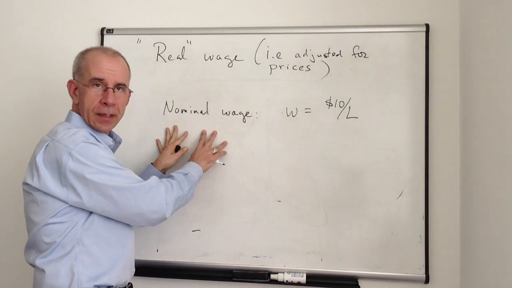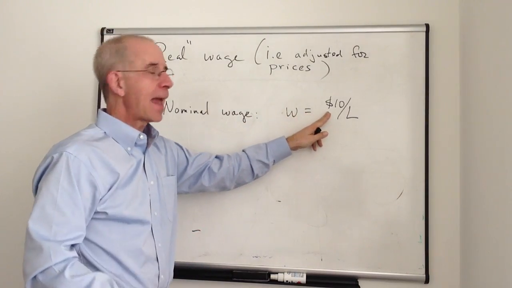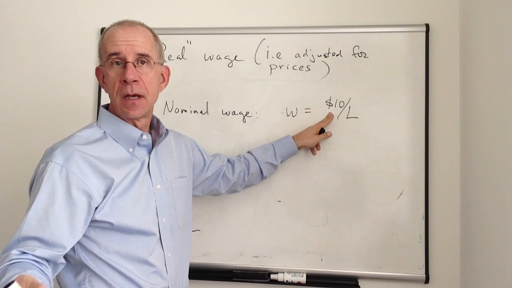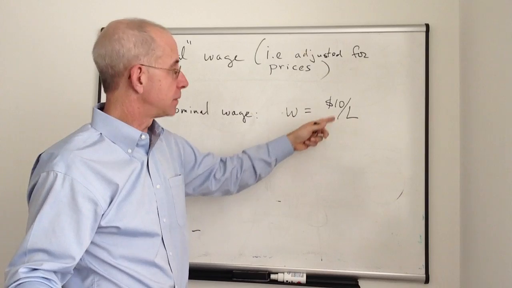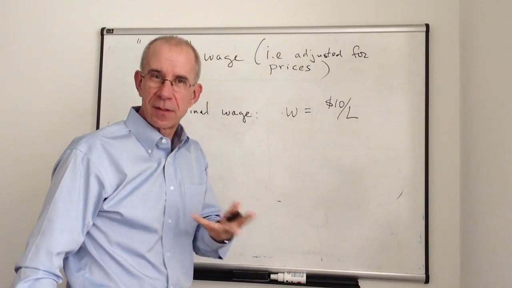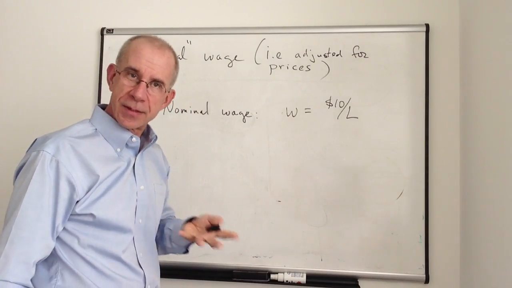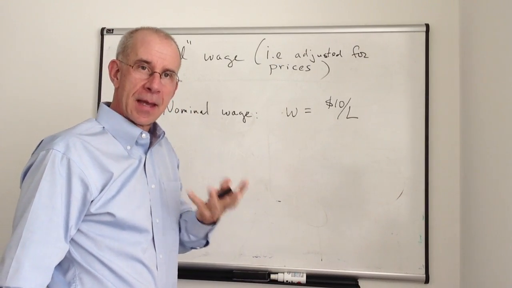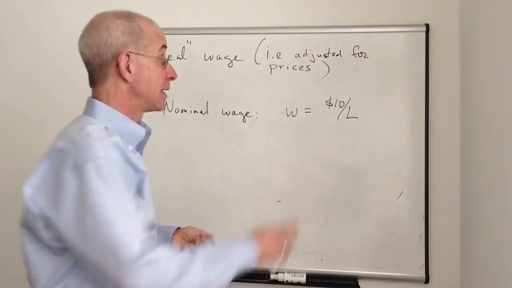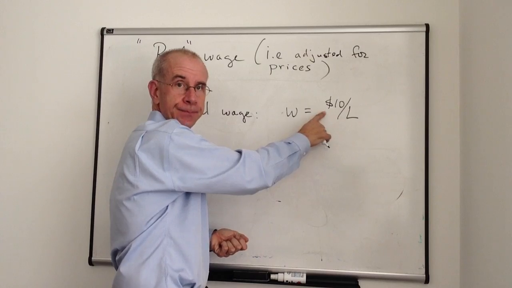The nominal wage is simply how many dollars or whatever currency a worker might make per hour. Now I'm going to, in this instance, say it's per worker, but think of it as over a certain time period. So this is the amount that a worker makes within an hour or a year, whatever. But it's in terms of dollars.